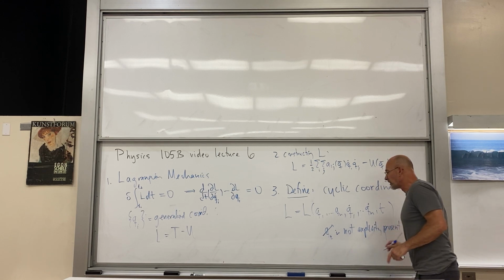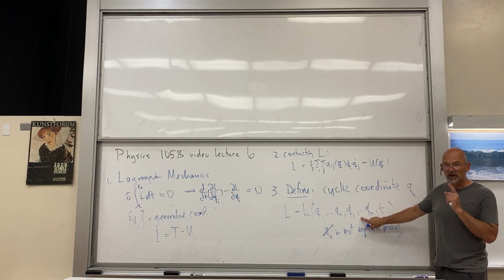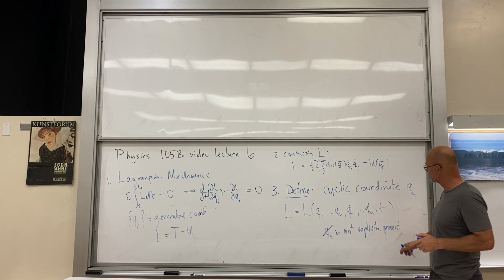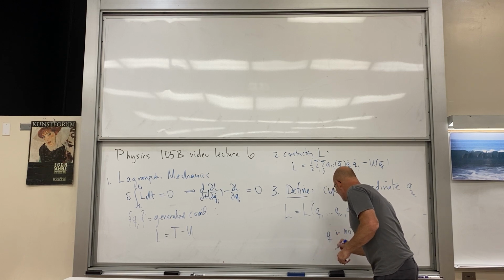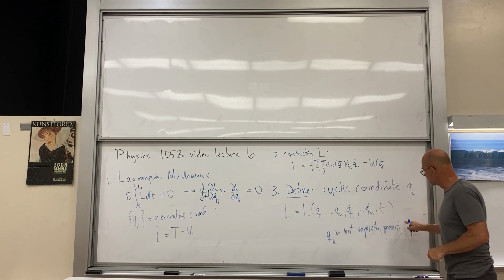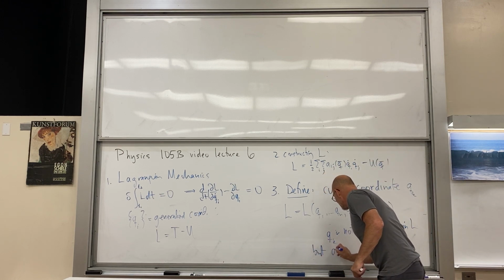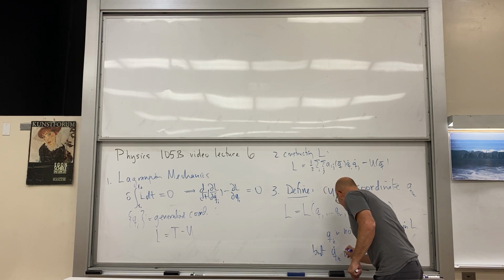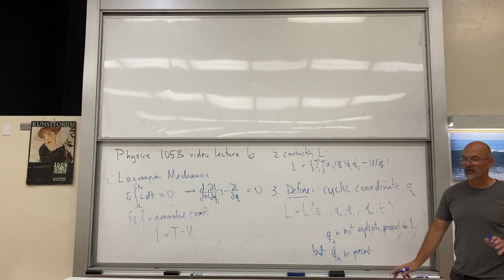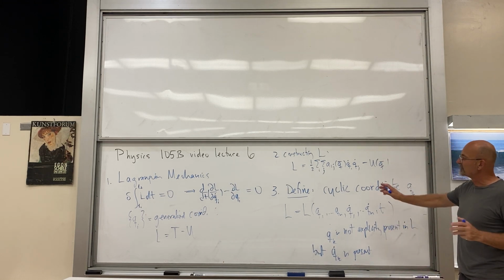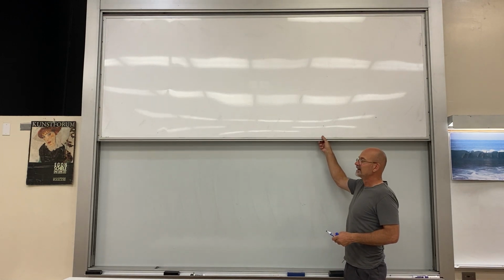So what you typically have is you're missing the q sub k, but you do have the q sub k dot. So q sub k is not explicitly present in the Lagrangian, but q sub k dot is present. And we'll see in a moment, we're very familiar with those scenarios, but I'm just giving you the definition now. A cyclic coordinate is not explicitly present in the Lagrangian.